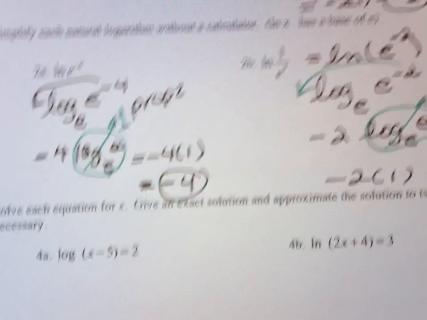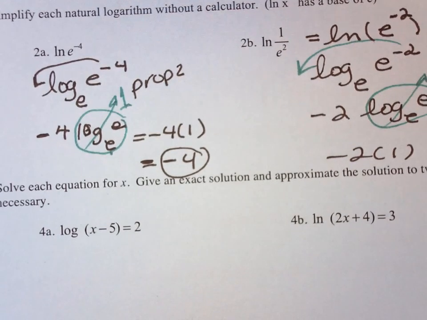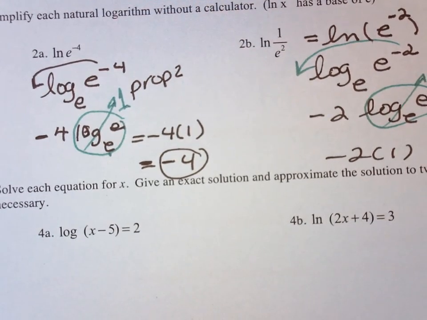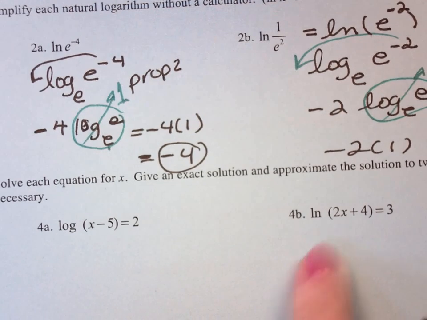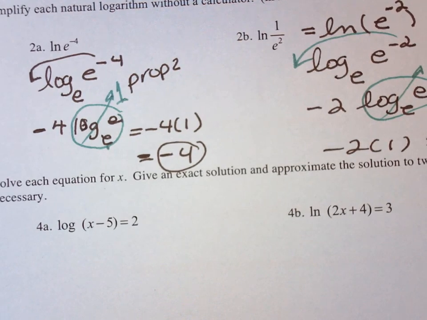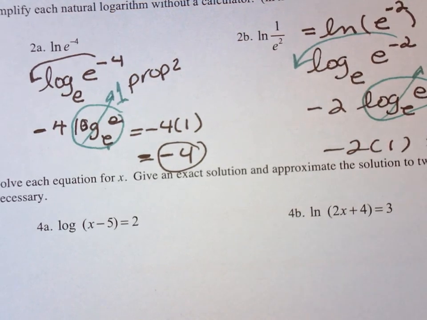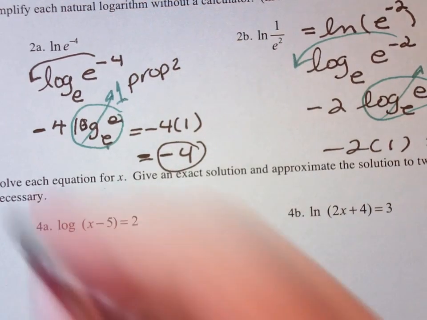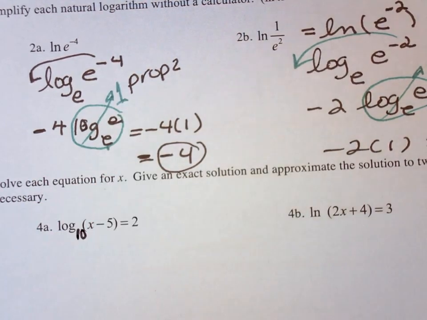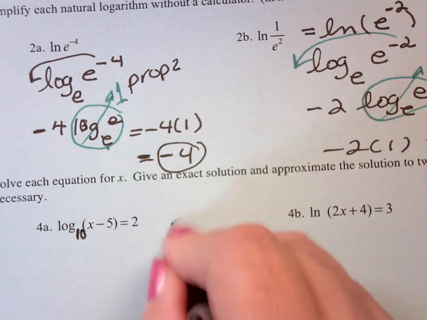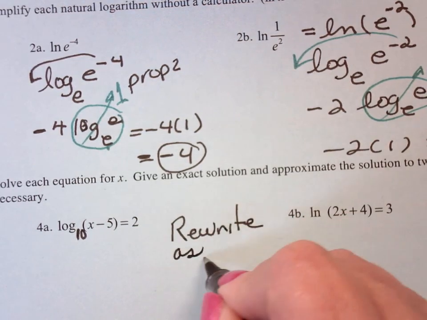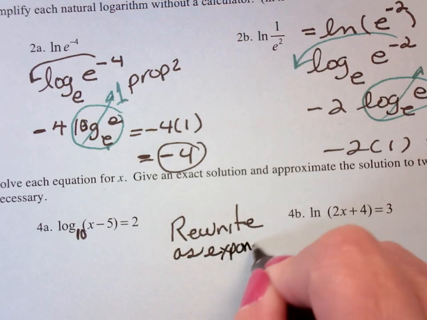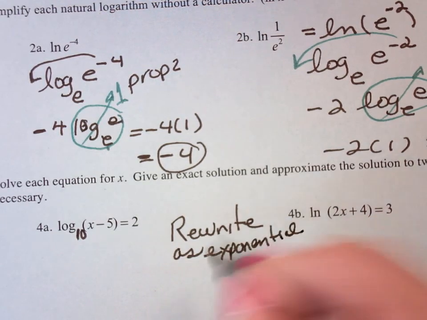The next series of problems are our first equations that we're going to solve. And you notice they're log and natural log, so they're going to be log base 10, log base e. And it says, how do you solve a logarithmic equation? Well, you write it as an exponential. So in this, I rewrite this guy, he is log base 10. So I first make sure he has a base. Then I rewrite it as an exponential equation.